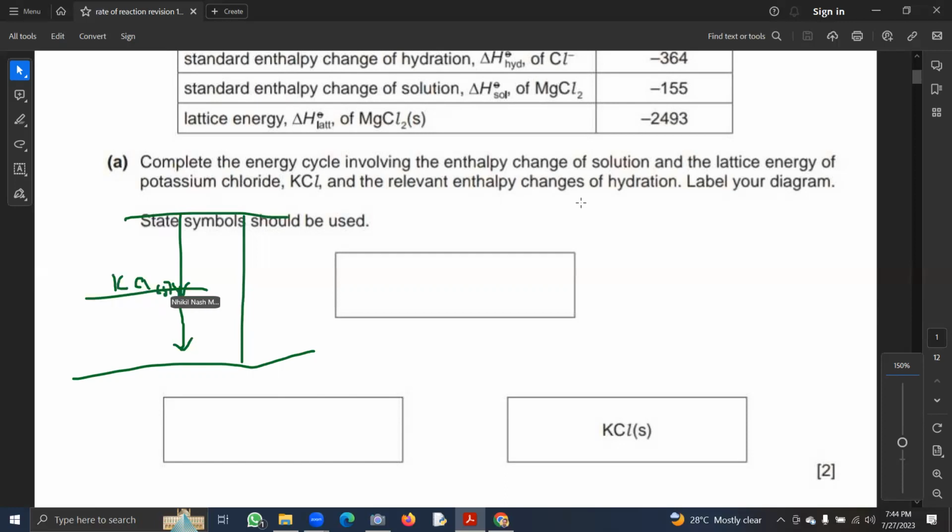There you have the KCl solid, K plus and Cl minus. The one is KCl lattice. That's what we know. Based on that one, we had filled this.